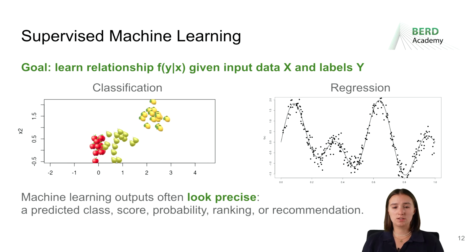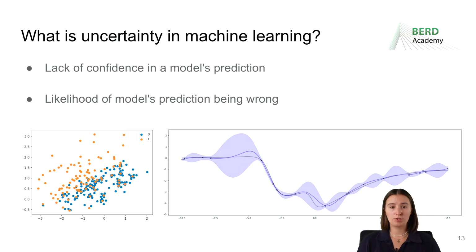And oftentimes, such machine learning outputs look precise. We get a predicted class, a score, a probability, a ranking, a recommendation, and so on. They all seem to be very precise. However, there is oftentimes uncertainty included in there, which can look like this.